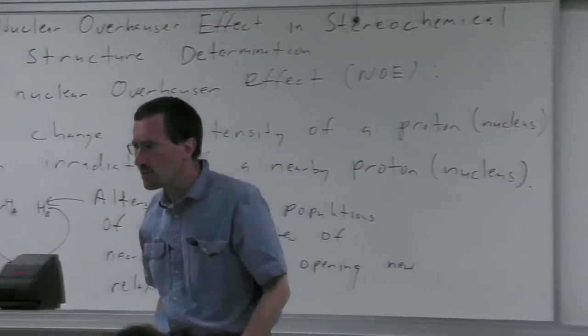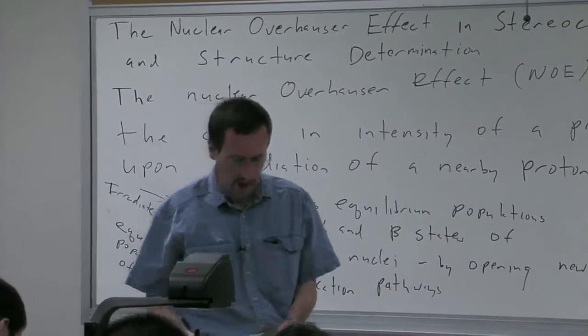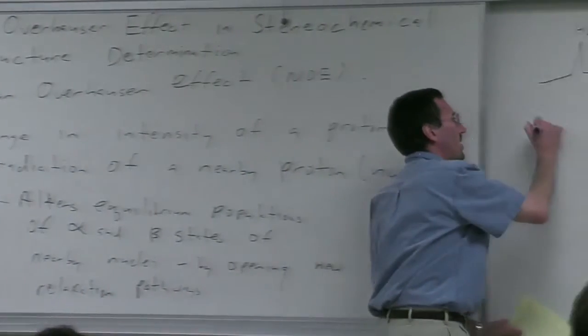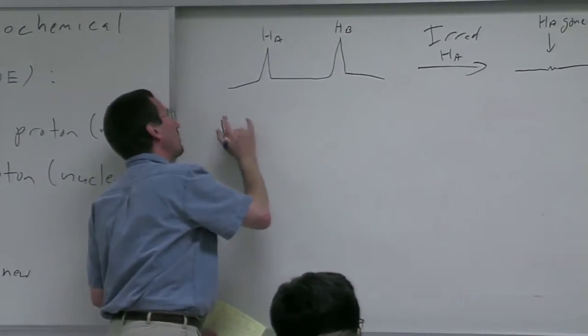Now, the effects are pretty small in proton NMR. The theoretical maximum HH-NOE is only 50%.